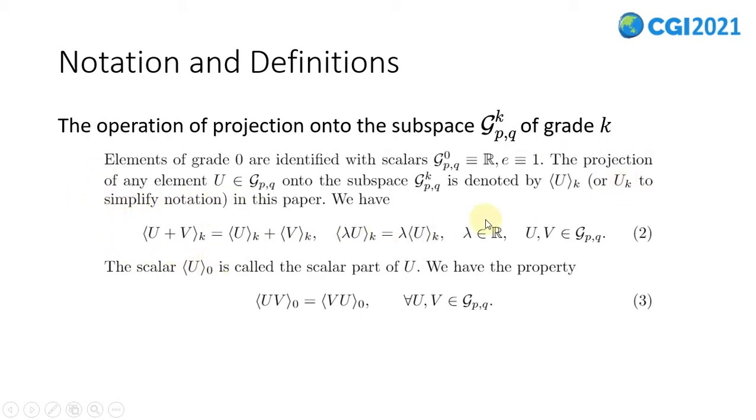This operation is linear. It is important to say that we identify elements of grade 0 with scalars. We will frequently use the special case of this operation, the projection of element U onto the subspace of grade 0, which we'll call the scalar part of U. This special case has the following property number 3.